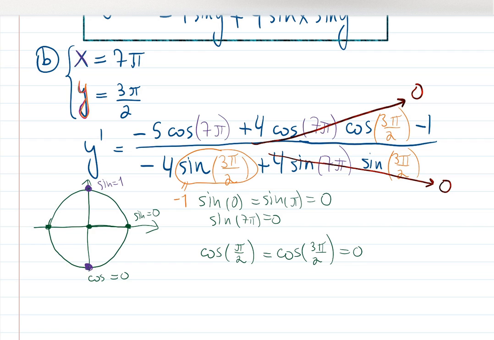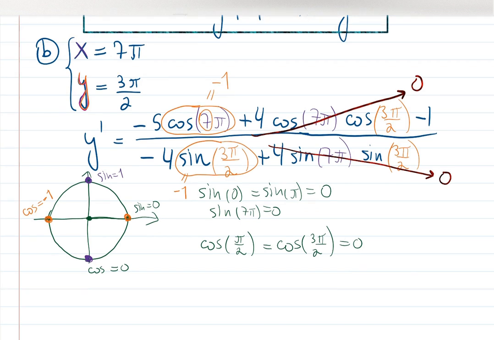Cosine of 7 pi, what is that? Well, cosine of 0 is 1, cosine of pi is -1. Then cosine of 2 pi is 1, 3 pi is -1, 4 pi is 1, and so on. So at odd numbers, it will be -1. So this whole thing is -1 as well.